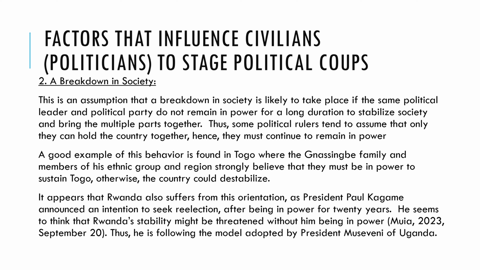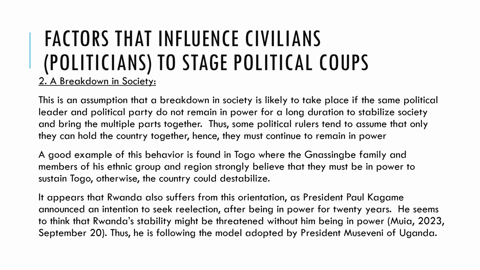Thus, some political rulers tend to assume that only they can hold the country together. Hence, they must continue to remain in power, regardless of the circumstances. And this is very common in Africa.